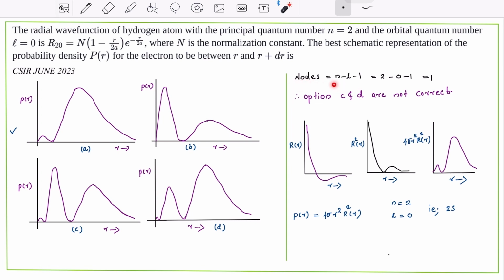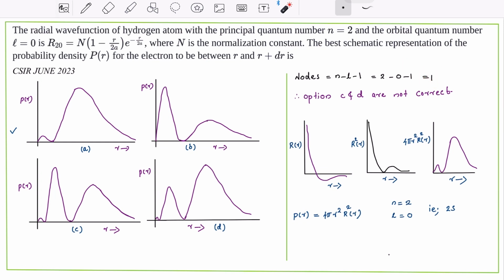The number of nodes is given by the equation n minus L minus 1, where n is the principal quantum number, L is the orbital quantum number. In the given problem, n is equal to 2 and L is equal to 0. Therefore, the number of nodes is 2 minus 0 minus 1, that is equal to 1.